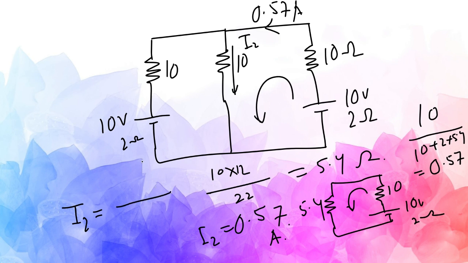This is 10 ohm, and this portion is 10 plus 2, 12 ohm. So 0.57 into 12 by 10 plus 12. This is the formula for the current dividing rule.